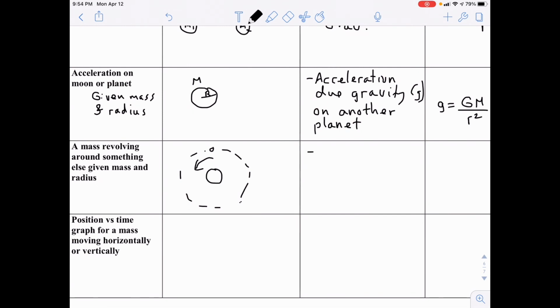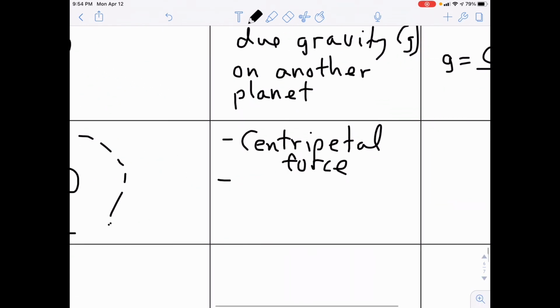One, how do you go in a circle unless a centripetal force keeps you in a circle? So it makes sense that centripetal force might be a concept in this. Gravity would be that centripetal force pointing to the middle of the circle. But if it's a centripetal force problem, it's also a uniform circular motion problem, right?